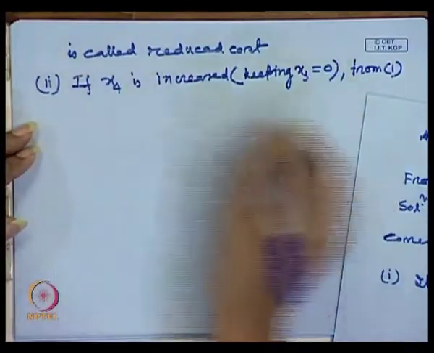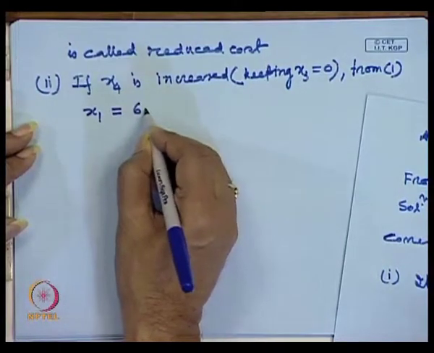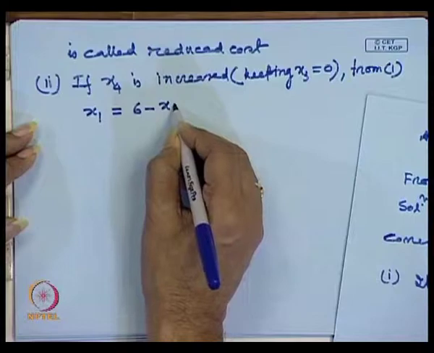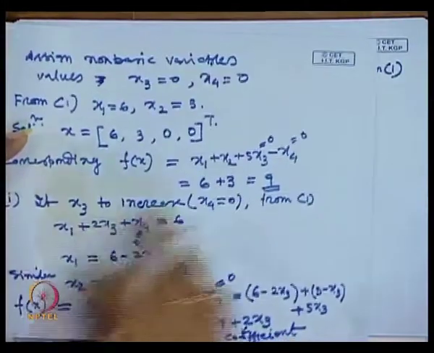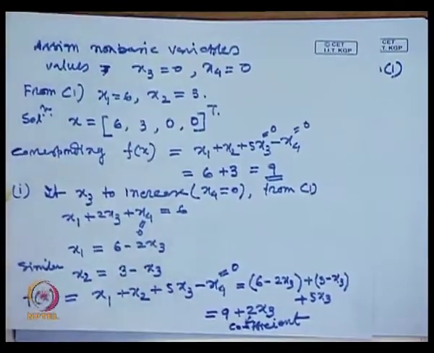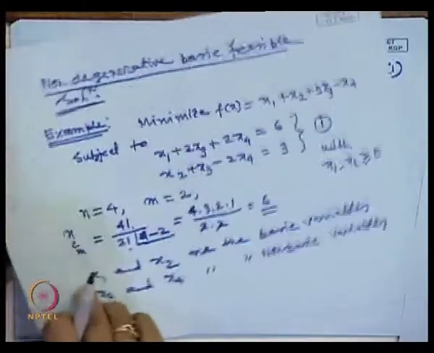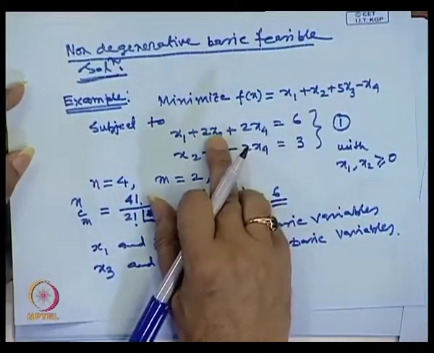So from equation 1 one can write x1 is equal to 6 minus 2x4. See this one here, from this case our x4 is non-zero, x3 is 0.